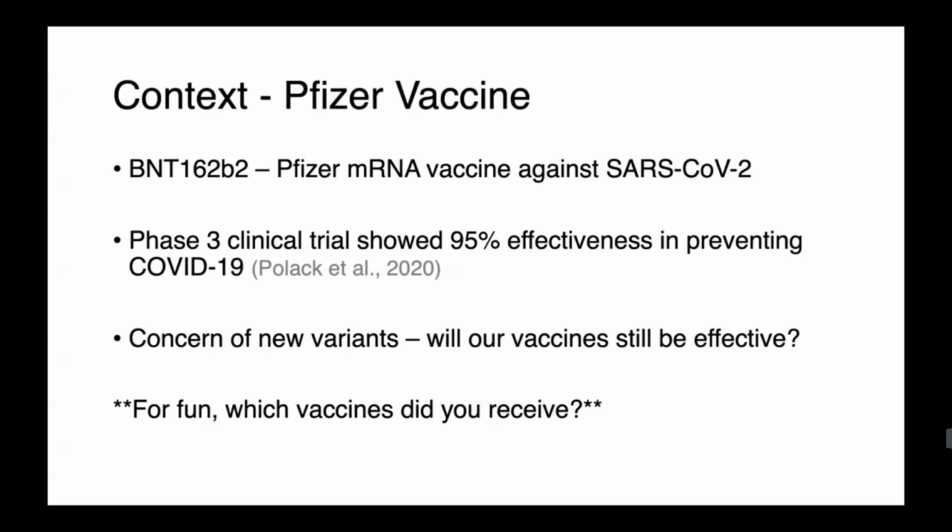So we know that BNT162b2 is a Pfizer mRNA vaccine against the SARS-CoV-2. Phase 3 clinical trials showed 95% effectiveness in preventing COVID-19. But there's a concern of new variants. So will our vaccine still be effective?